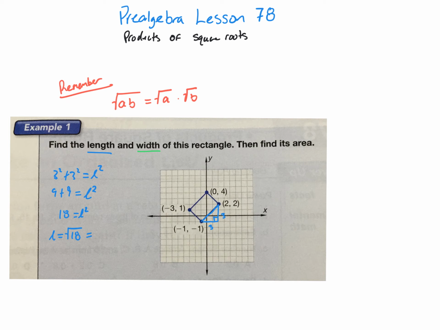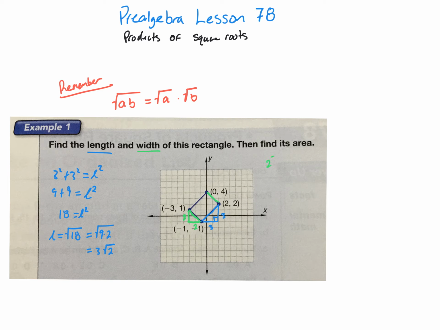Now remember, that is also the square root of 9 times 2, or 3 square roots of 2. So you could leave it either way. And then for the width of this one here, maybe this one here, we're going to use this right triangle, this one, and this one. Side length of 2 and 2.